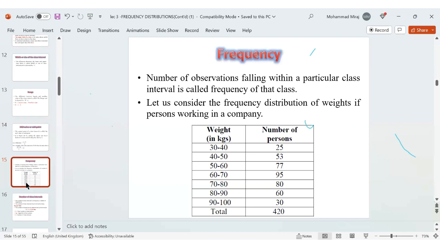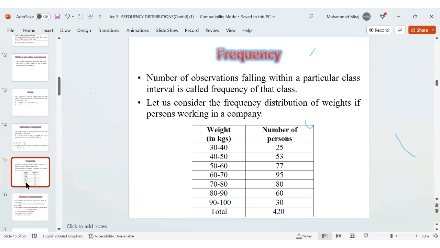Now suppose we are looking at the weight of people, and we have an observation in a particular class, and we want to know the average weight. In a class we have 420 people, and the minimum weight we see in the class may be 30 kgs and the maximum could be 100 kgs.